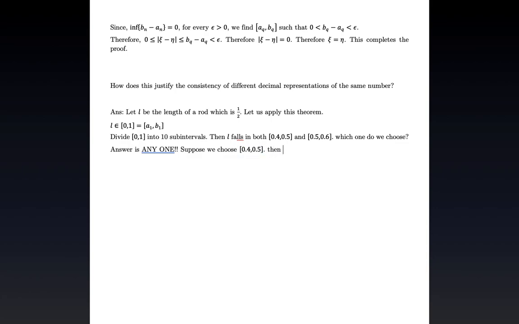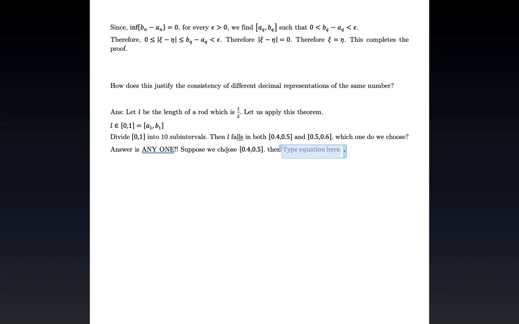Then in the next step we subdivide 0.4 to 0.5 into again 10 subintervals: 0.4 to 0.41, 0.41 to 0.42, 0.42 to 0.43, and so on, 0.49 to 0.5.